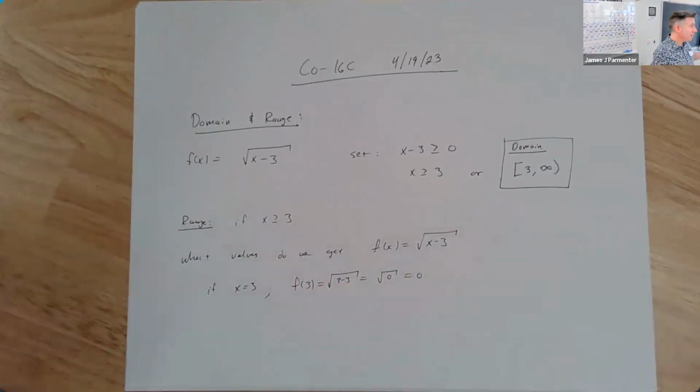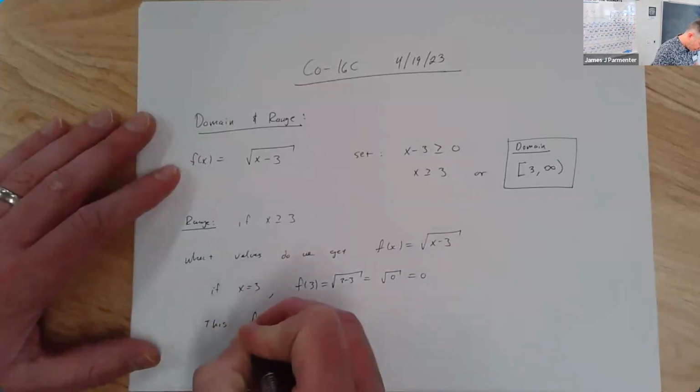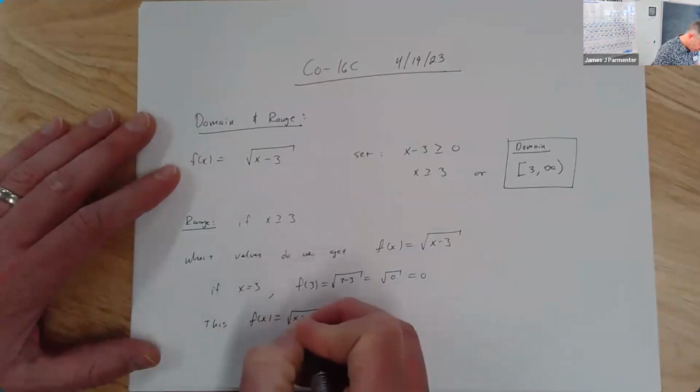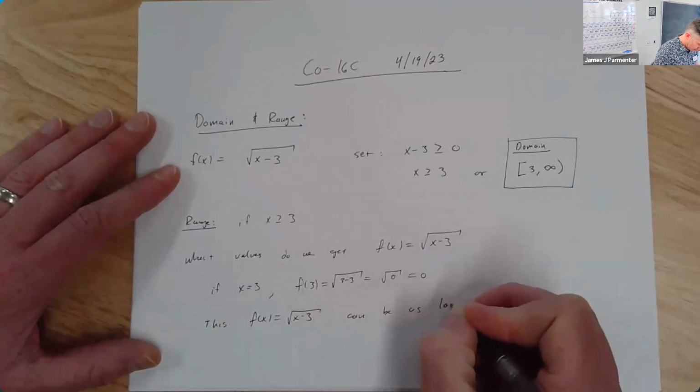And that's the smallest this can ever be. Whenever you take a square root, it always has to give you a non-negative result. But then, this can be as large as we want it to be. This function, square root of x minus 3, can be as large as desired.